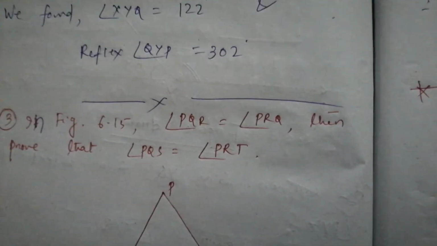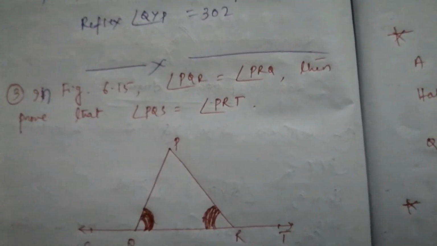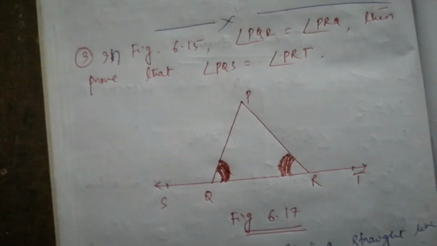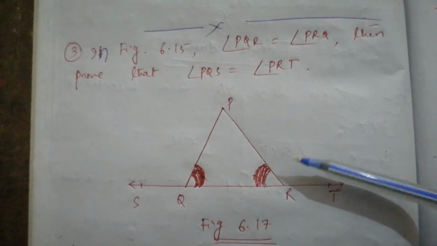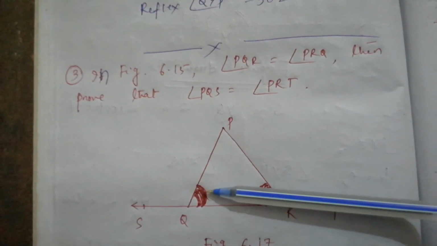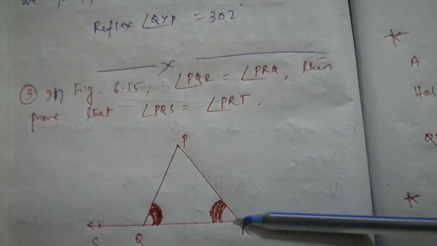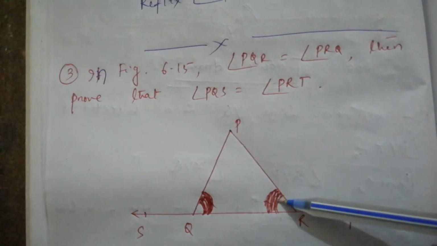In figure 6.15 angle PQR equal to angle PRQ, then prove that angle PQS equal to angle PRT. Fine. This is figure 6.17. These two are just showing the angles. No need to draw like this, just draw like this one part.